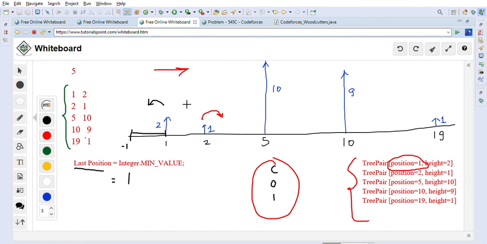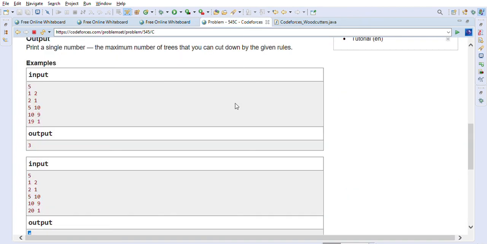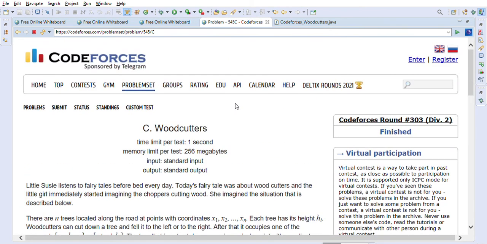And if both are not working, then we go to the next one, right? If we can fall it, then we increment the count, and we use the last position to track the maximum last position that we have visited in the cutting of the trees. So this is how we can solve the Codeforces problem, Woodcutters.